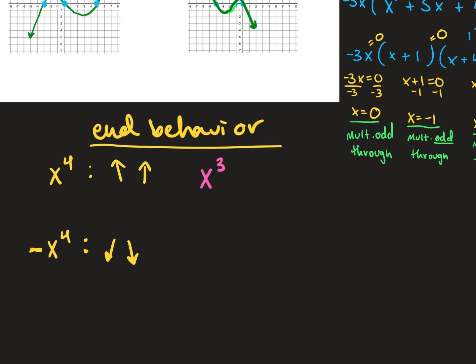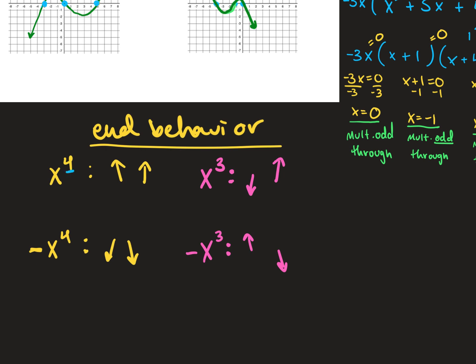If we have an odd exponent, so like x to the 3rd power or x to the 5th power, and it's positive, our right arrow goes up and the left one goes down because they go in opposite directions. And then if we have a negative x to the 3rd power or x to the 5th power, any odd exponent, when it's negative, the right arrow goes down and the left arrow goes up.